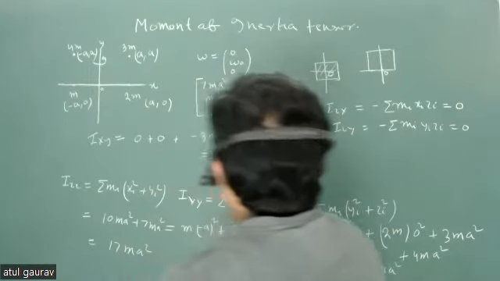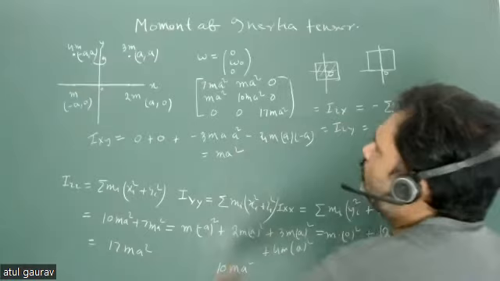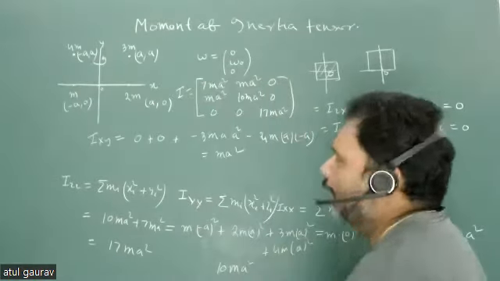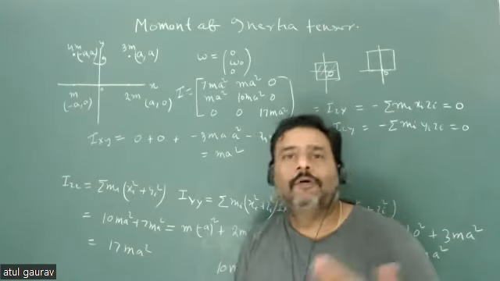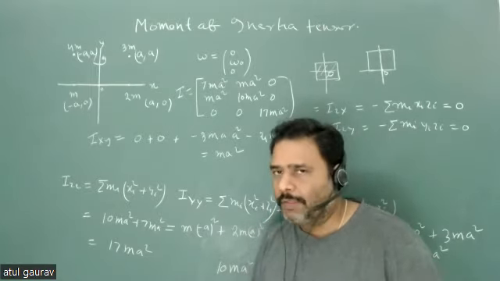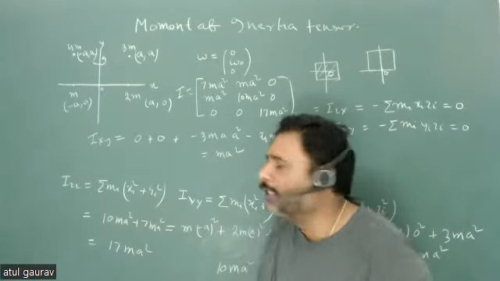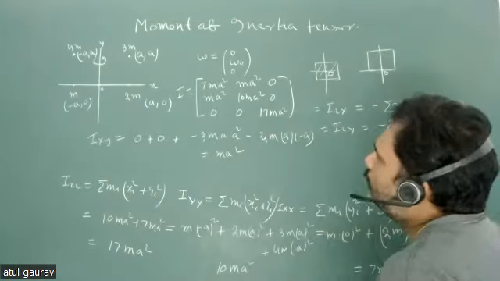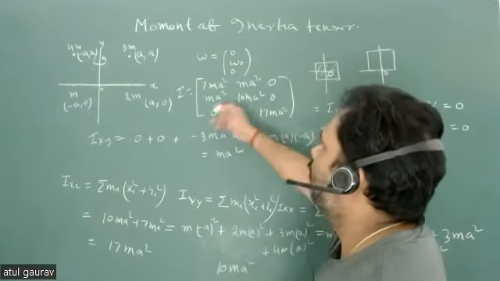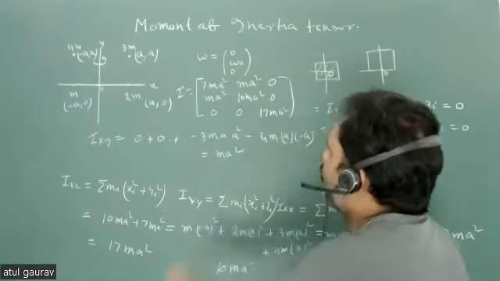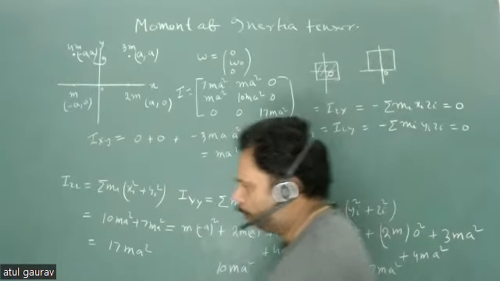Okay. And now this is your moment of inertia tensor. This diagonal term is actually the moment of inertia, which we used to study in +2, isn't it? So we are just talking about only that part. So this is your diagonal term, and the other terms are the products of inertia. All other terms are 0 actually.